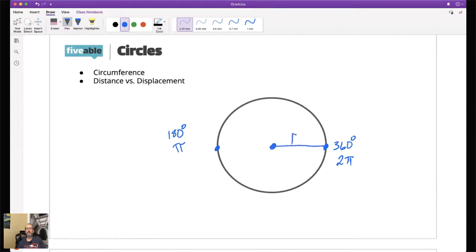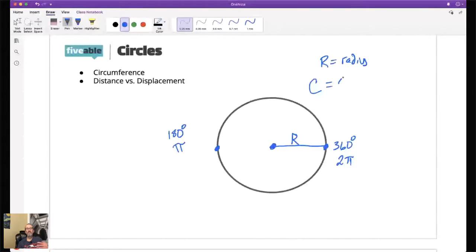This is the radius, and you can make it r, you can make it capital R, doesn't matter, just as long as we know that r is equal to radius. And if I take that radius and multiply that by 2 pi, because 2 pi is all the way around the circle, then I get the circumference of the circle, and that is 2 times pi times r.